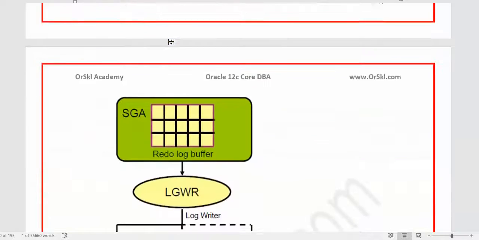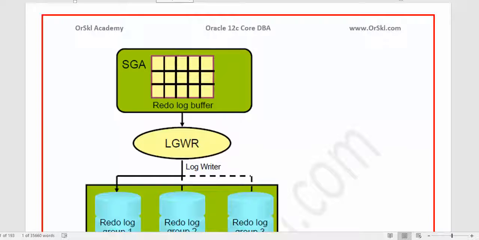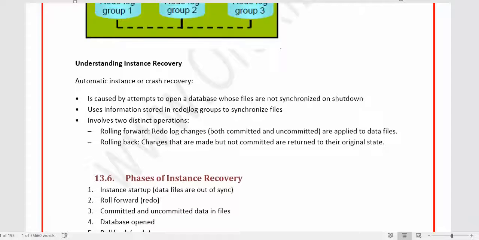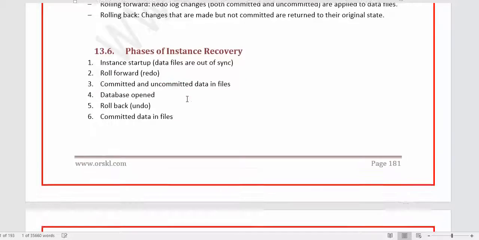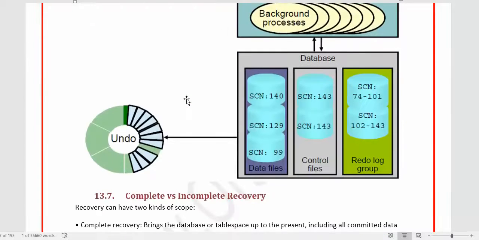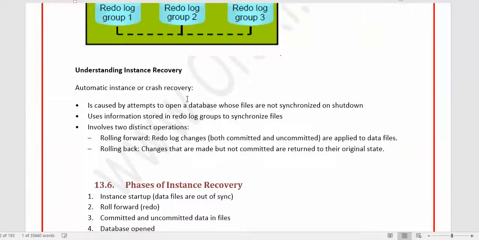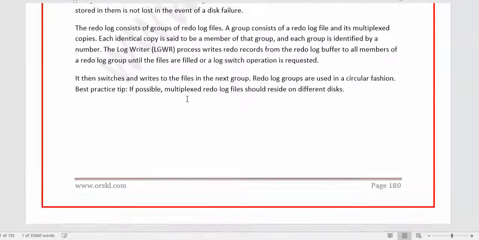Because this is one of the confusing parts for most DBAs, I have a topic called understanding the instance recovery. There are phases of instance recovery, and I will also discuss the same. In case you are not clear, I will pause at this topic. You can question me on the recovery concepts, and I'll make the concepts clear.